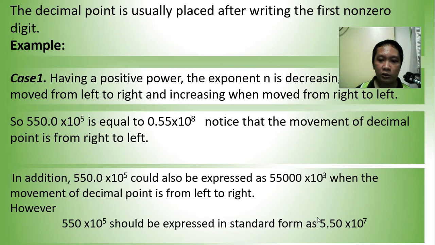So we add 2, and therefore the power is 7. This is the standard form of expressing 550.0 times 10 to the power of 5. So it should be 5.50 times 10 to the power of 7. That's how we express numbers in scientific notation.